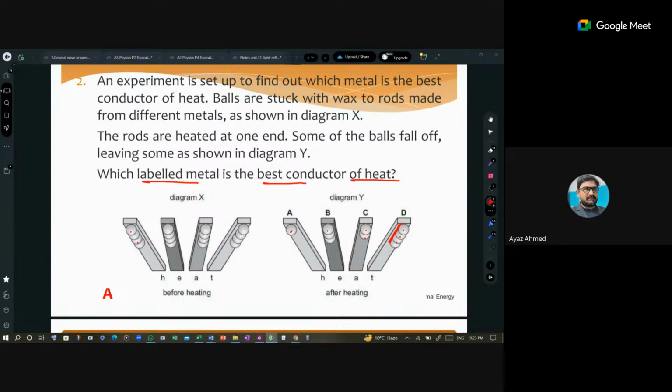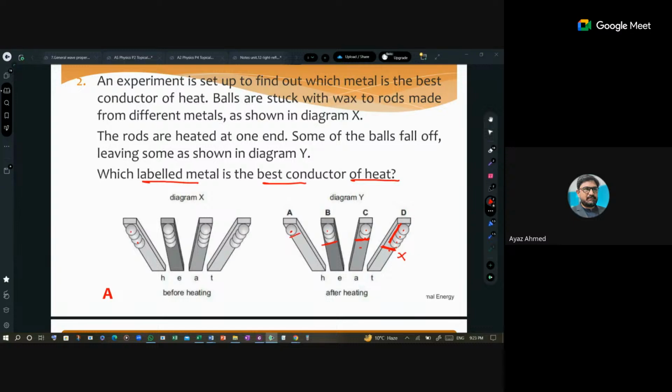Here the wax has melted up to this point because this is a good conductor compared to this one, where heat has reached only the second ball. Here heat has reached the third ball, so it is a good conductor but not as good as ball 1.